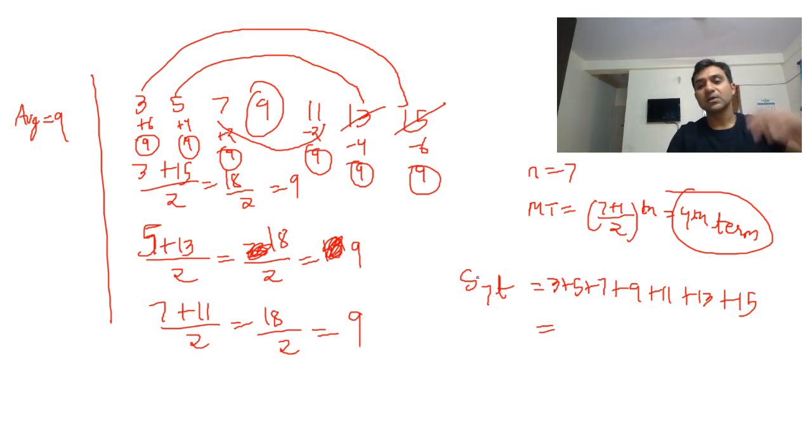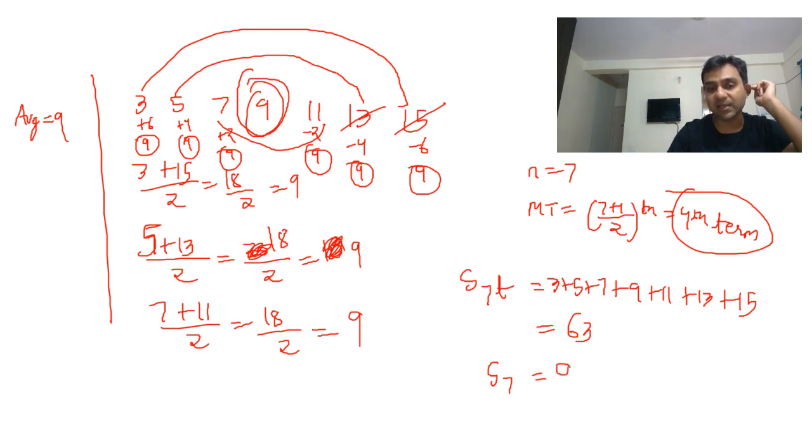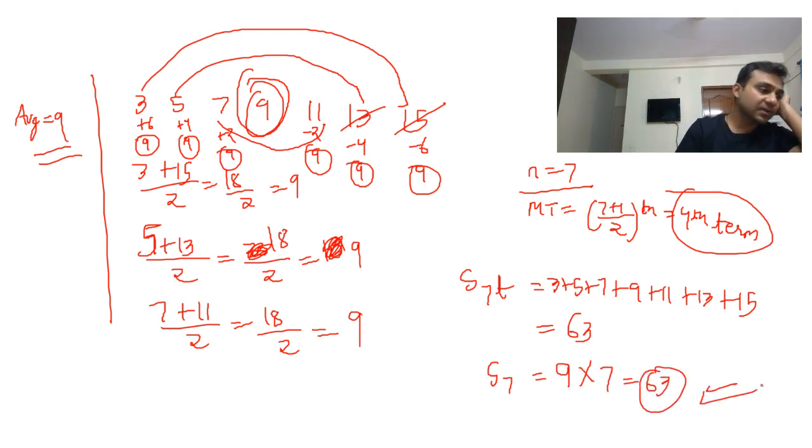What is it? 3 plus 5, 8, 8 plus 7, 15, 15 plus 9, 24, 24 plus 11, 35, 35 plus 13, 48, 48 plus 15, 63. But this can also be written as 9, which is the average, into the number of terms, which is 7. Still I am getting 63. Yes or no? This is the concept which you need to solve this question.